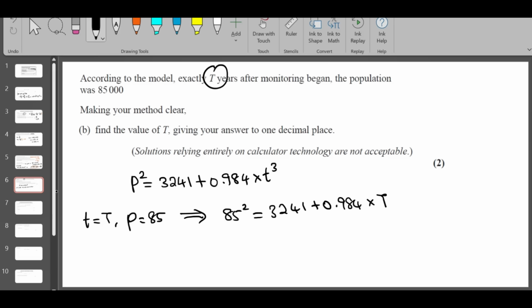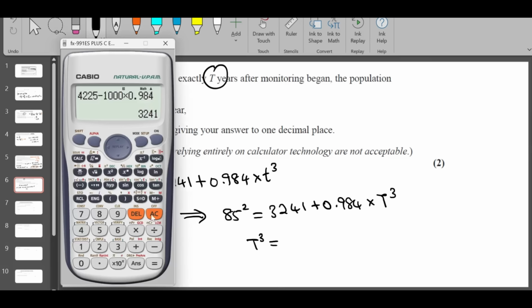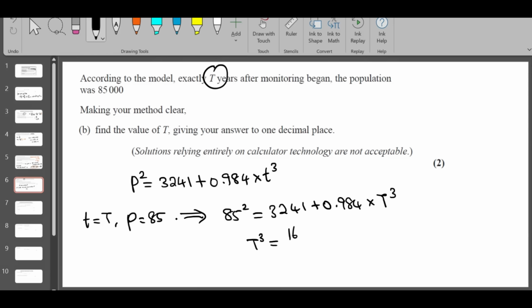0.984 capital T cubed. So make T cubed the subject first. It's going to be 85 squared minus 3241, divided by 0.984. You get 16600 divided by 41.